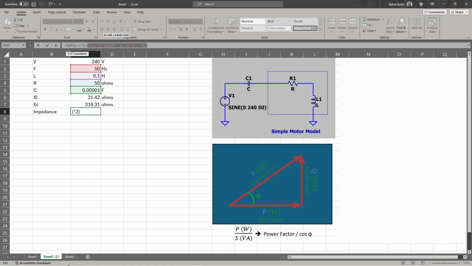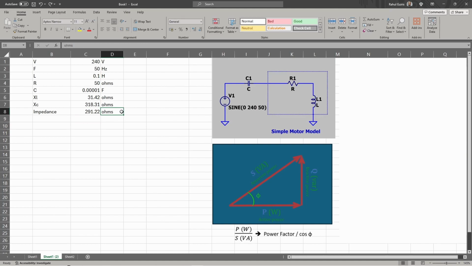However, what we are doing here is taking away the reactance of the capacitor from the reactance of the inductor, and that is squared. So we are still looking at this line, but the Q is now different as we have introduced a capacitor into the equation. We get a total impedance in this circuit of 291.22 ohms.